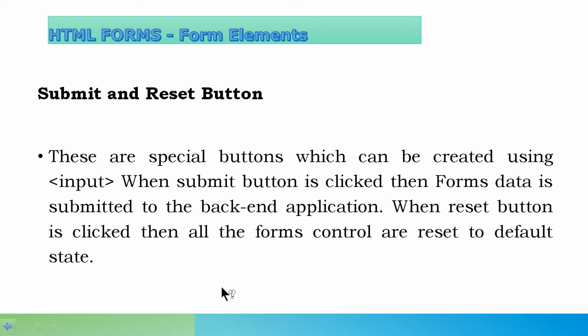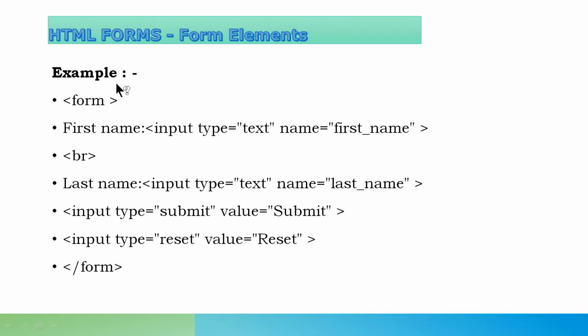Let's see the example for this submit and reset. This will begin with the form tag, and here it is given with the first name. Input type is equal to text, name is equal to first name. Later we have the break line tag, last name, and here we will be using the input tag with type as text, and the name will be the same input field, that is last name.